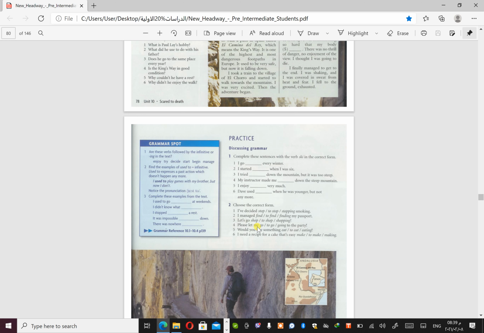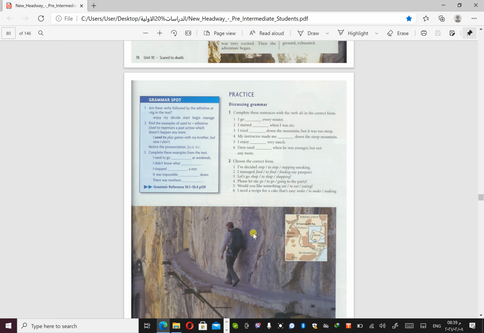The verb let is always followed by a base verb, so it is: please let me go, without any to or -ing. And what do you like to eat? So these are verbs you have to memorize.